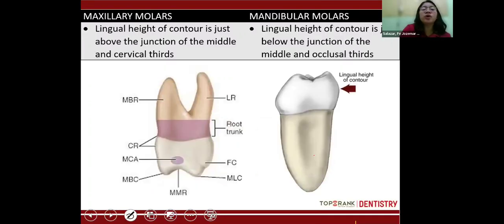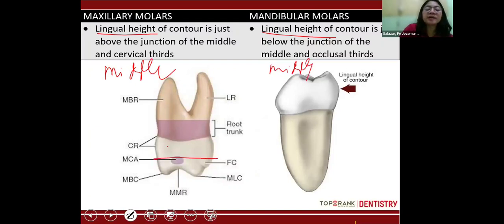Lingual height of contour: basta, middle third. Pag maxillary molar, it's just above the junction of the cervical third and the middle third. Nandito siya.